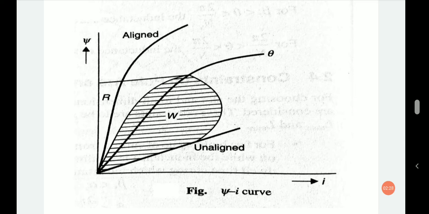This area is less than the stored energy, as a part of it is used by the motor during the freewheeling period. The shape of the conversion loop, that is the shaded portion, and its area W depends on the variation of current with rotor angle, control parameters, speed and motor design.